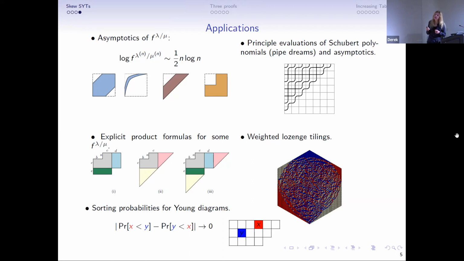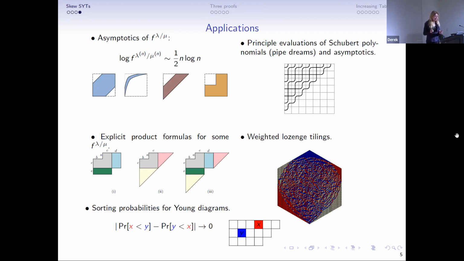If we take two elements, the conjecture is that we can find two elements in the poset such that the probability that one is smaller than the other in a linear extension, or in a total order, or the values of these cells in a standard Young tableau if you like, minus the probability the other way, is very close to 1/2, or in other words, their difference goes to 0. So one can use this formula to do that type of asymptotics.